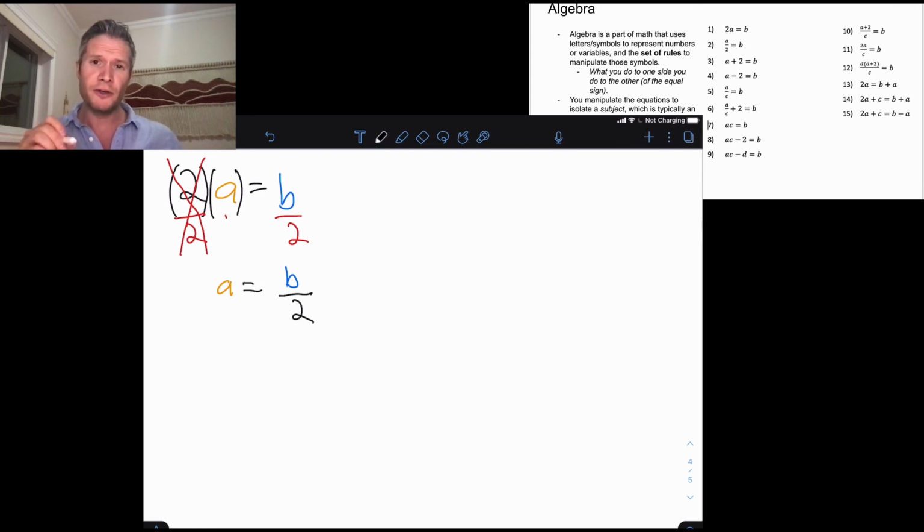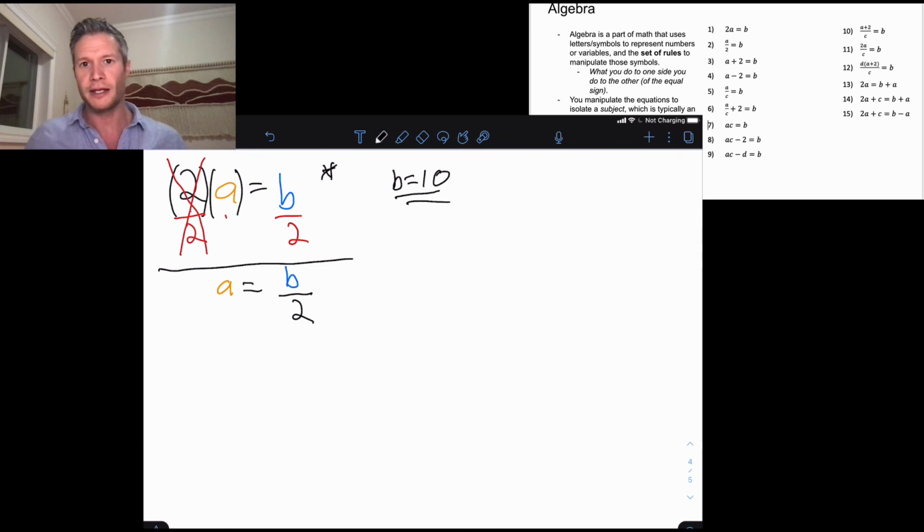And so if you're given a question in class that starts out like this and says we have the information we want for b is 12, or let's say b is 10. So you know from the question, the information that's given to you, b is 10.